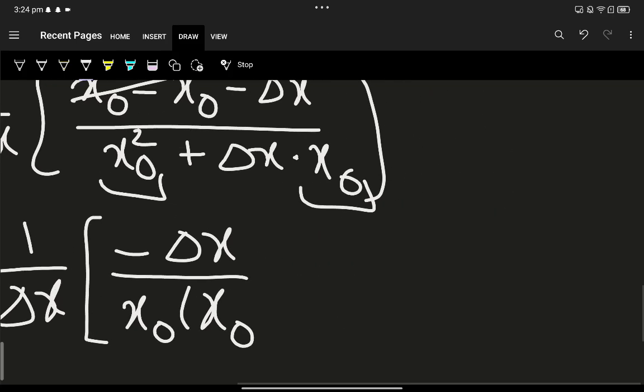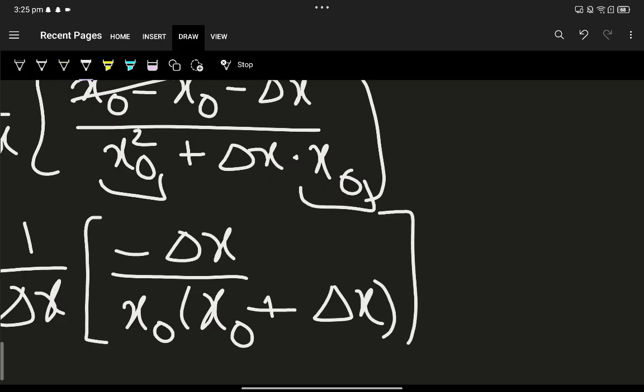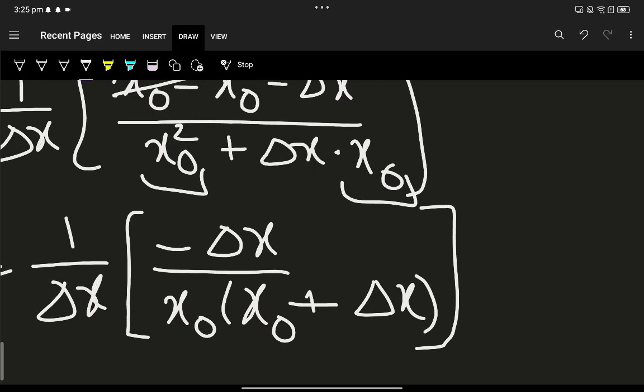Just wait a second, we're doing something wrong over here. X naught plus, so it will be x naught plus delta x, right? Yeah, so nothing wrong. If you simplify it, x naught square plus delta x naught, so x naught in the brackets. So yeah, from this expression you can take out x naught as common in both, right?